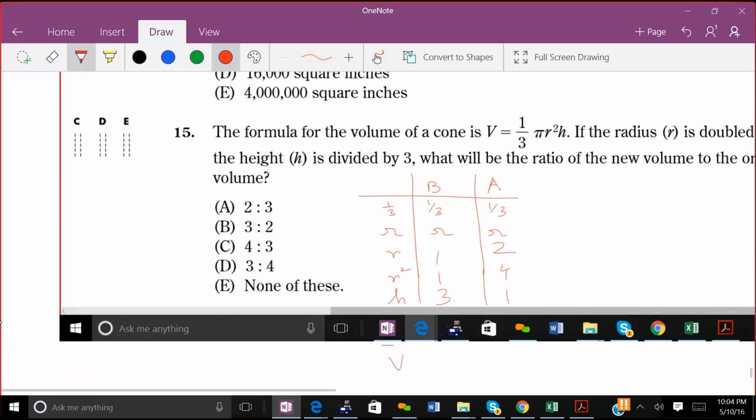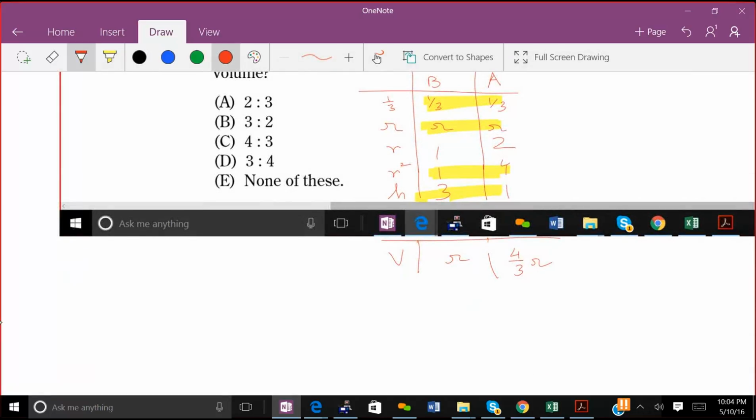The volume is, well, you need to multiply this, and this, all together. So when you multiply this, you end up with pi here. You multiply this, you end up with 4/3 pi here. Okay. So the ratio is 1:4/3.